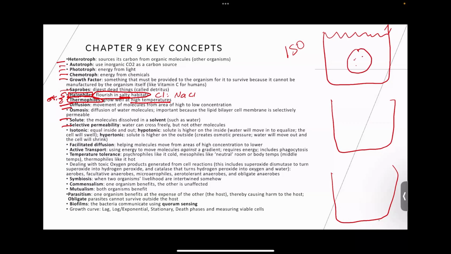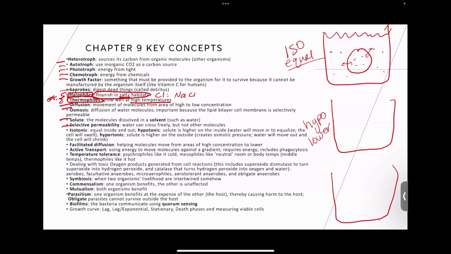The concentration of what's inside the cell and the concentration of what's outside are equal. But the water is still always moving. It's just equal on both, equal in and out. There's not no movement, it's just equal. Equal in and out.